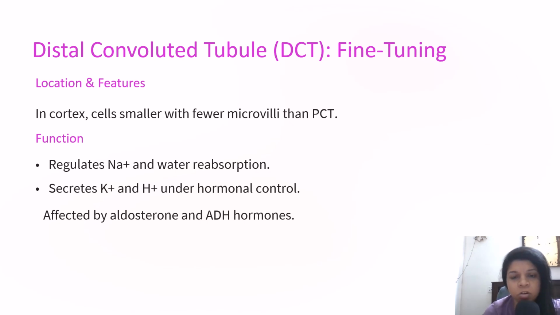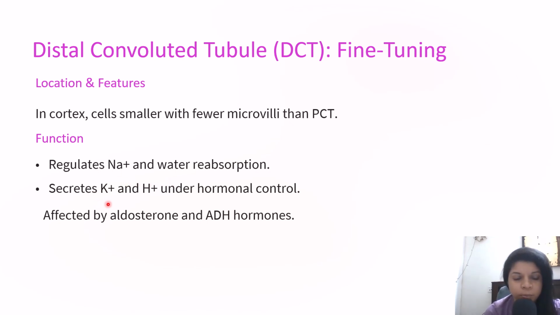part is the distal convoluted tubule where fine tuning occurs. That is, the cells that are lining have fewer microvilli compared to PCT. They also have microvilli, but fewer compared to the PCT. Okay, and they are lined by cuboidal epithelium. And then they are mainly located in the cortex of the kidney, and their function is mainly to reabsorb sodium and water only.